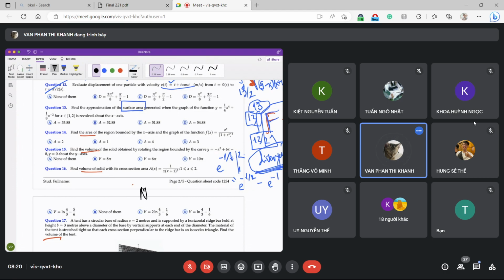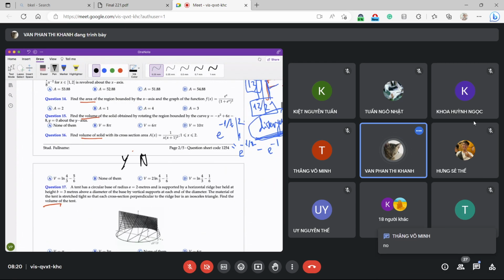Class, yes or no? If not, we skip this problem and we solve them after 2 weeks. Yes or no? No. Okay, so we skip them.